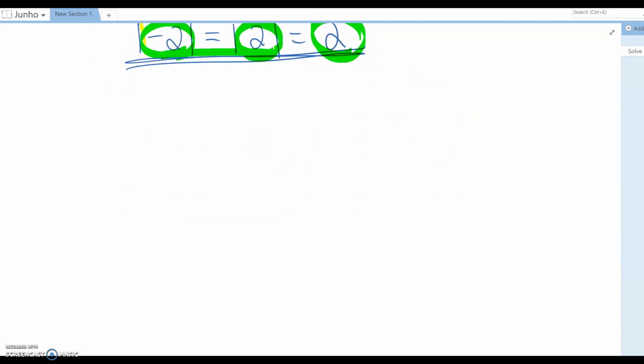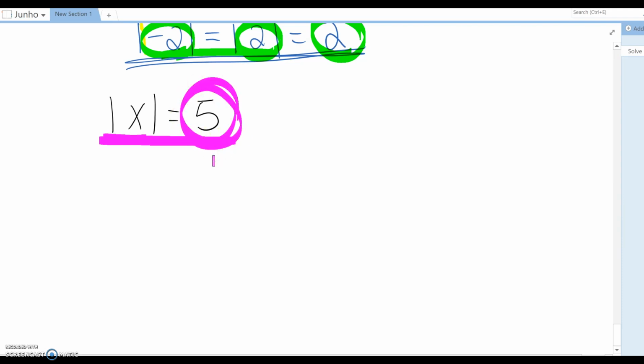So the first question is absolute x equal to 5. Then how to interpret this meaning? I really hope you understand what this means. What is this 5 representing? This 5 represents distance from the 0, basically.